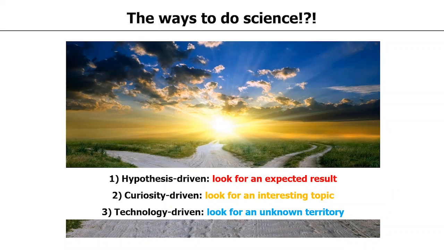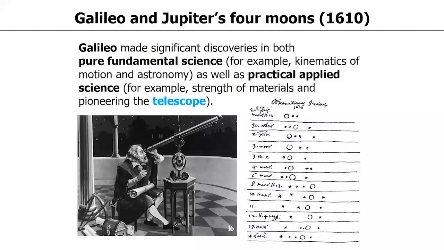If I talk about this in this way, people may think that technology-driven research is something which became possible after we got into the 21st century. But the truth is, technology-driven research was one of the main ways to drive science into the future.